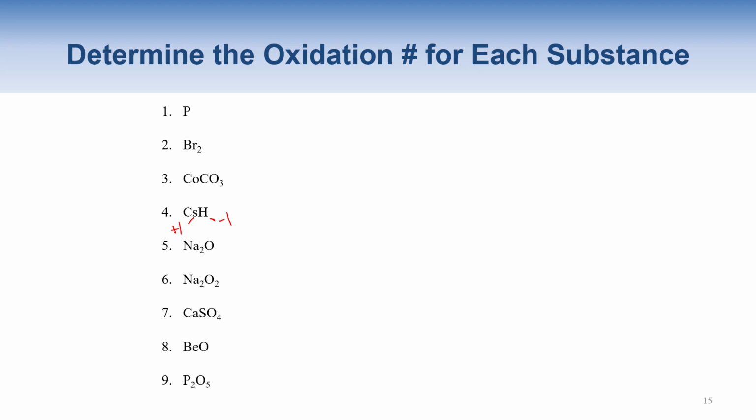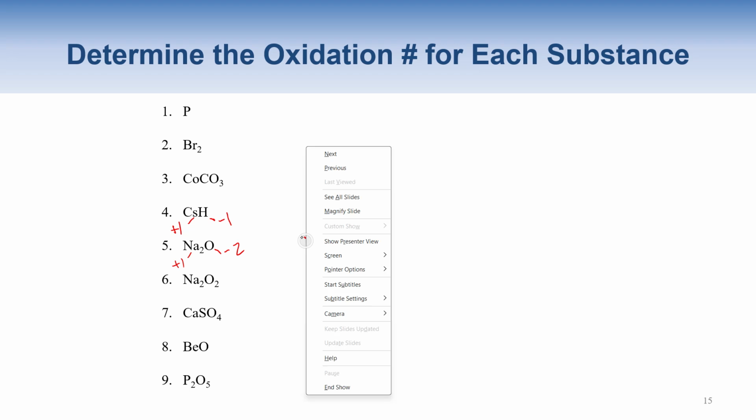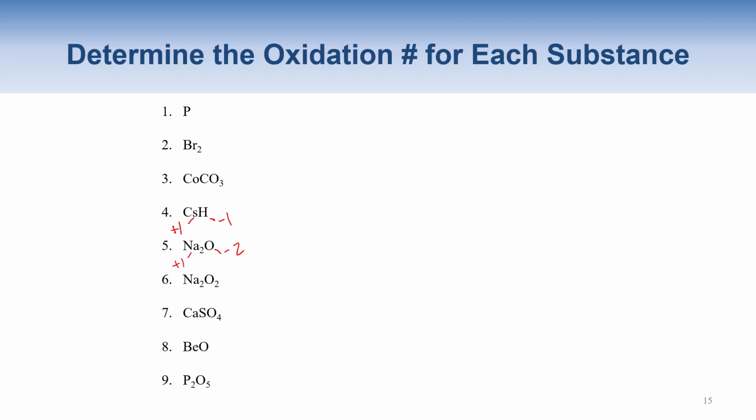Next one, we have oxygen is going to be -2, and there's a rule for sodium, which is +1. We still want to calculate it just to make sure. So we have Na2O, and we said oxygen is -2.